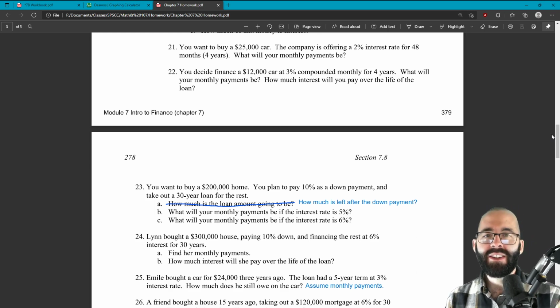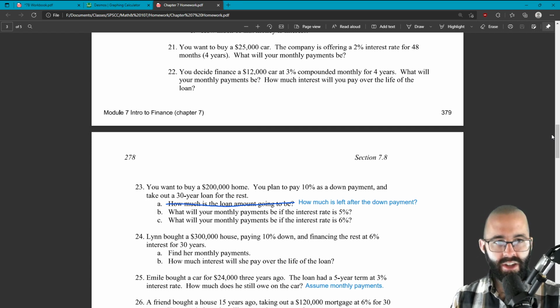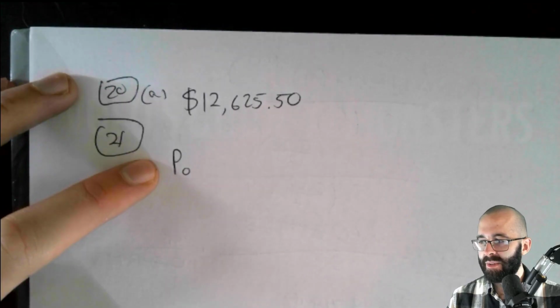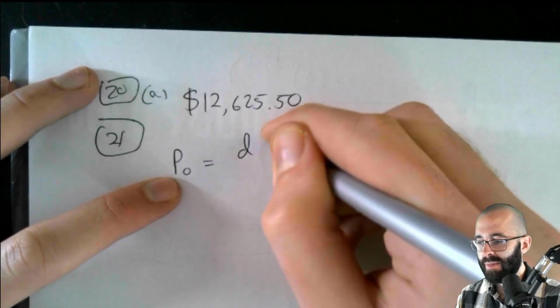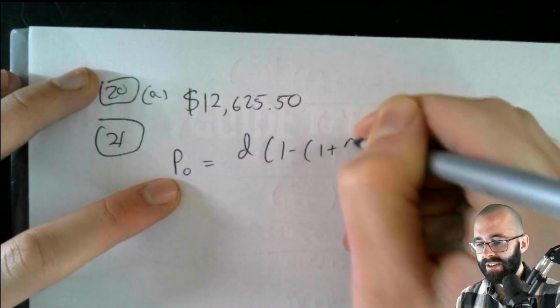All right, you want to buy a $25,000 car, and you have a pretty low interest rate for 4 years, and the question is, what's your monthly payments? Let's write that loan formula down, because this is going to be one of those ones where we solve for the loan, or solve for the monthly payments.